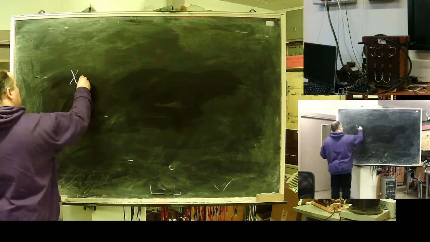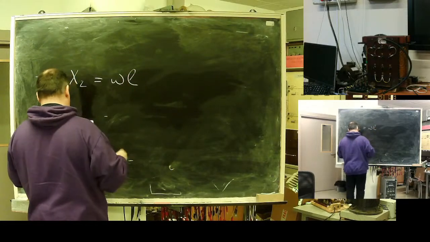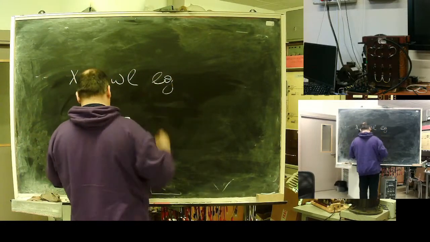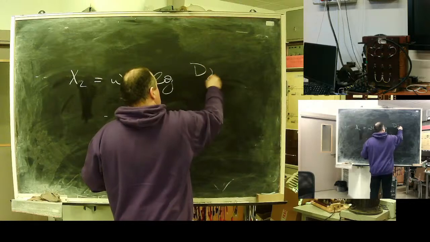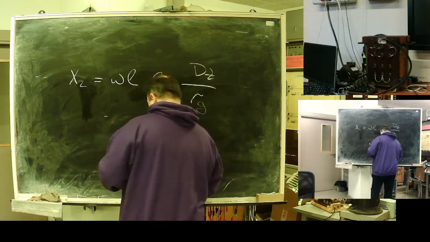okay, line resistance will be omega L logarithm divided by Rg. What is Rg?